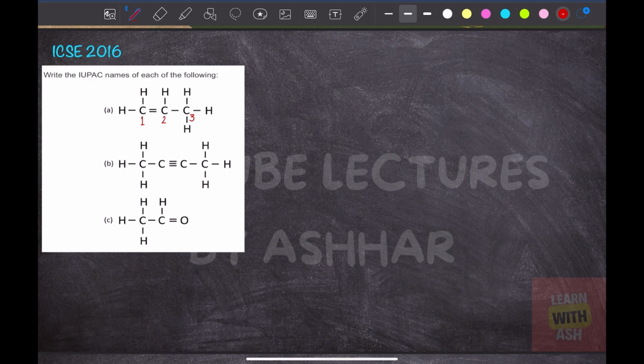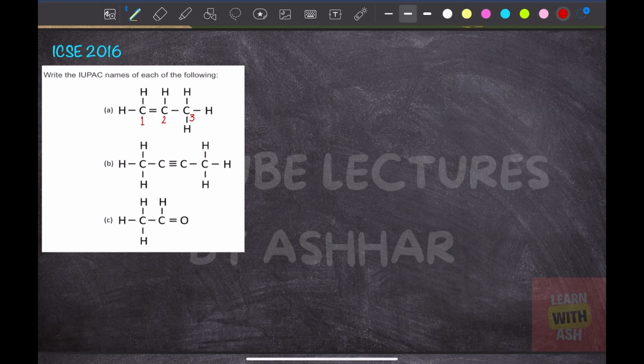Now, regarding the other thing, we have to give the priority to the double bond which is present over here. Priority in the sense that this double bond should come in the lower number of carbon. So if I have numbered this as 1, 2 and 3, then at the first carbon this double bond lies. That means it is the lowest one.